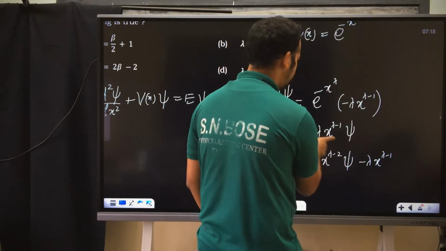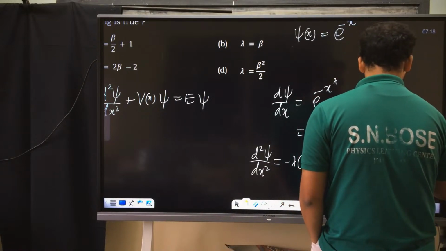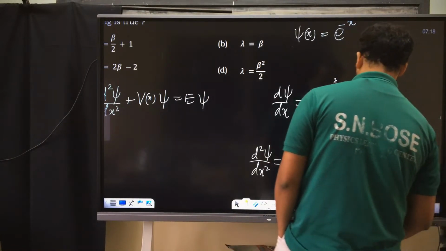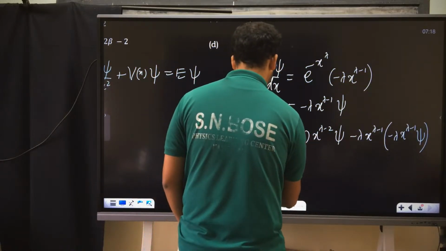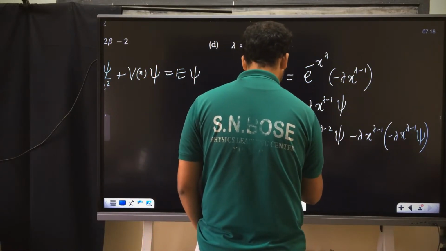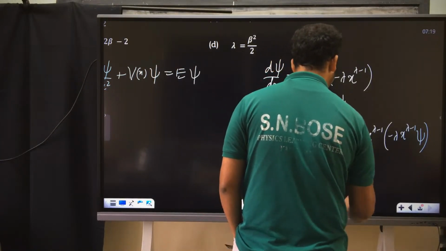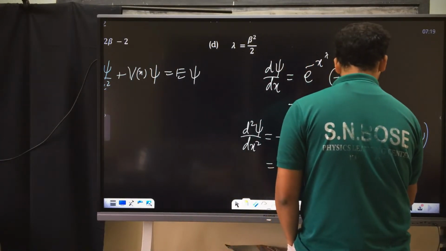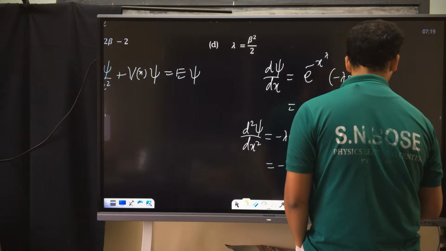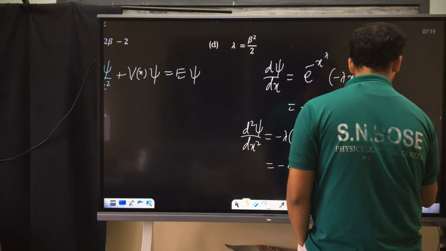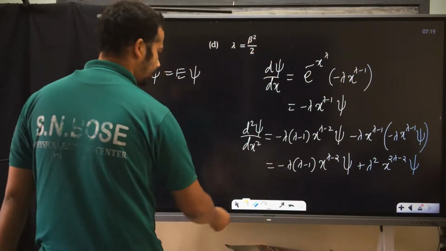D psi by dx is itself minus lambda x power lambda minus 1 psi. Is that okay? So this is minus lambda into lambda minus 1 x power lambda minus 2 psi plus lambda square x power 2 lambda minus 2 psi. Am I right? That's your second derivative.